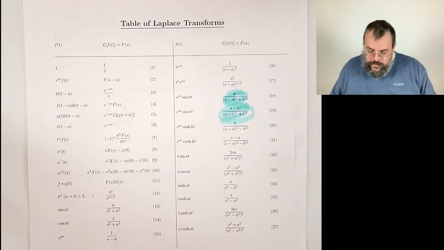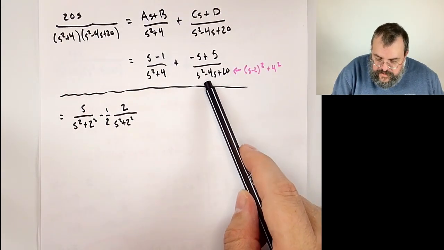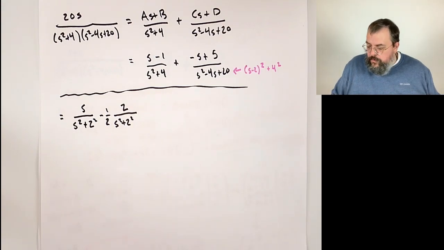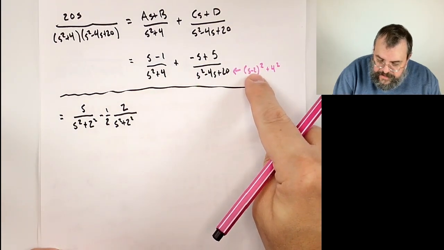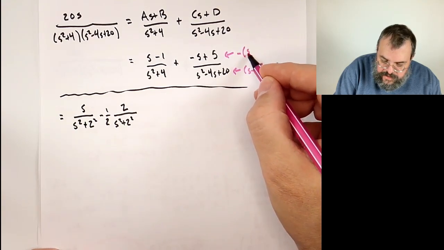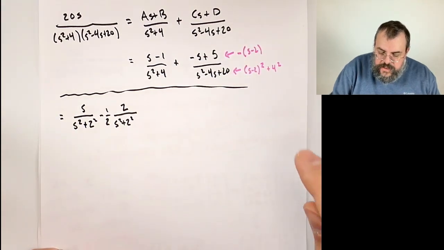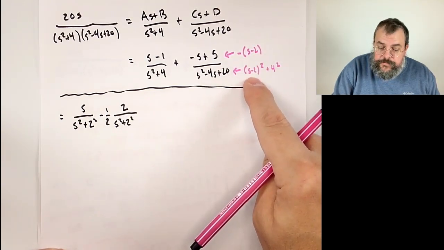So, looking at that, I say, all right, because there's an s minus 2, what do you want to do with this minus s plus 5? Well, what we'd like it to do is have this s look like that. So I'm going to think of the top as minus s minus 2, because that'll give us the s minus 2 to match.